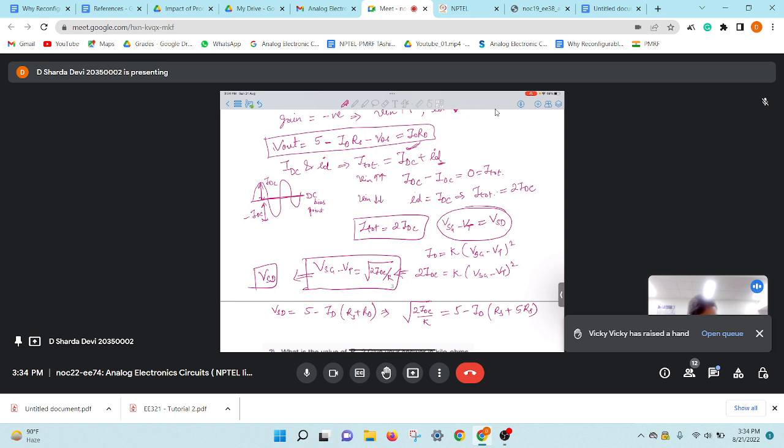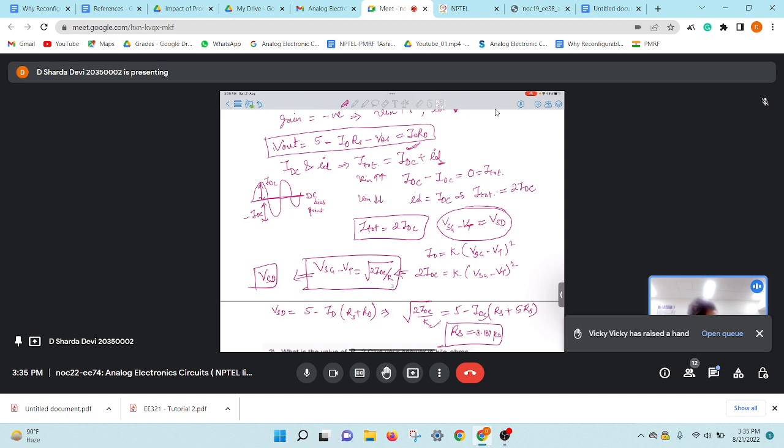Here we know IDC, we know K, so the only variable is RS. Can you quickly solve and let me know what value of RS you are getting in kilo ohms? Or maybe you can solve this, I'll simply write it down. It is 3.189 kilo ohms.